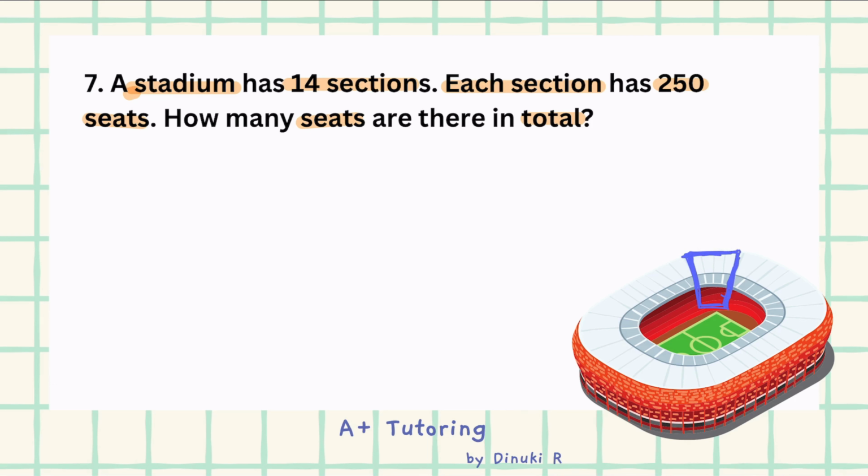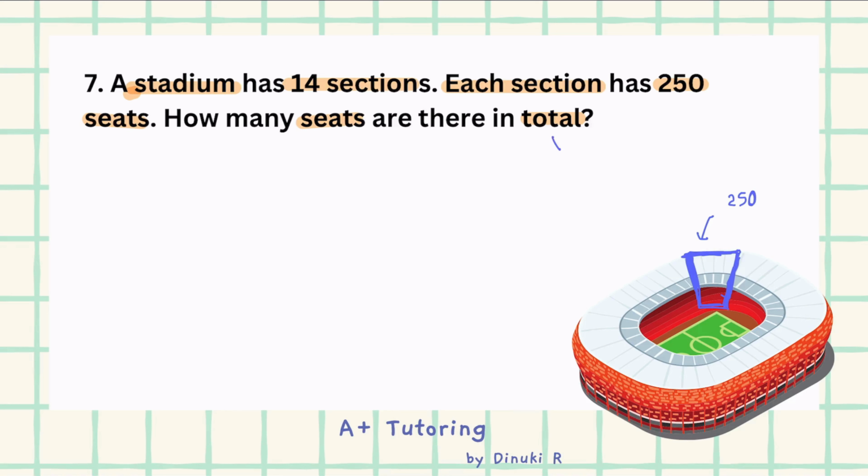Just to visualize it, if this was one section, each of these sections can fit 250 people because they've got 250 seats, yeah? And they're asking us, how many seats are there in total?